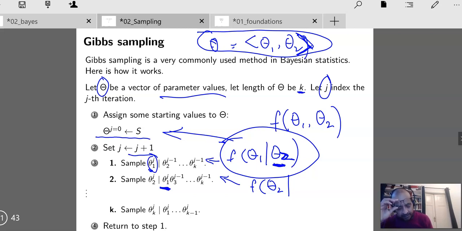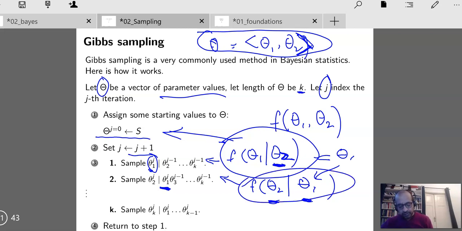Let me say that I saved some value theta 1 here. I'm going to plug that value theta 1 here and generate the distribution of theta 2 given this particular value of theta 1, using the conditional distribution that I derive analytically for theta 2 given theta 1.